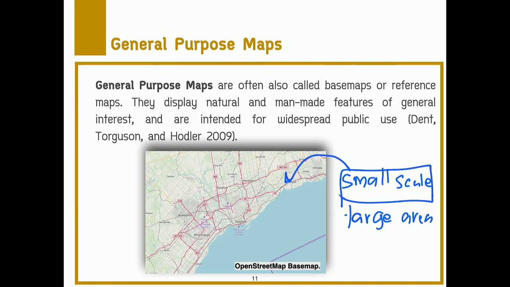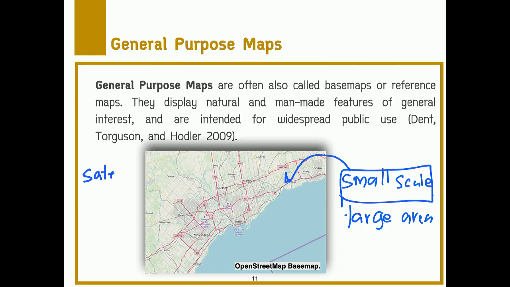For example, OpenStreetMap, which is one of the popular base maps, can show every feature such as points, lines of road network, or even areas that can be filled in with color.